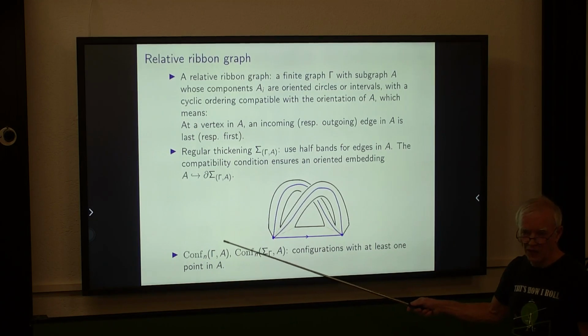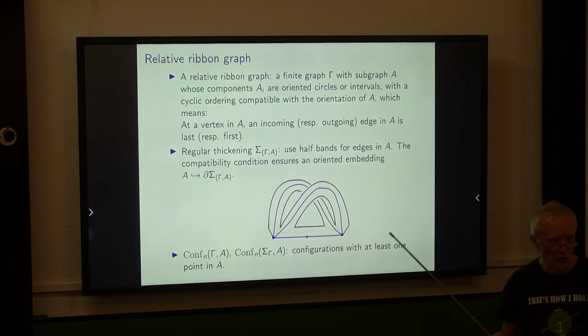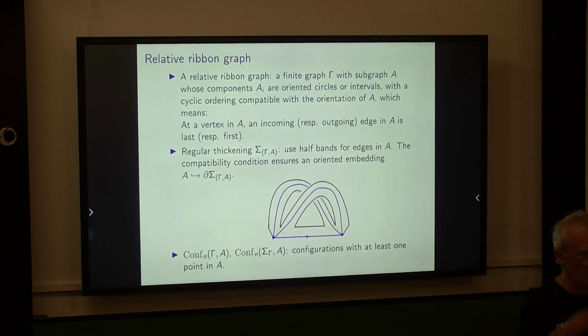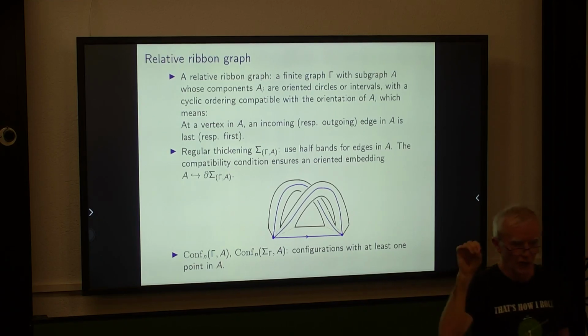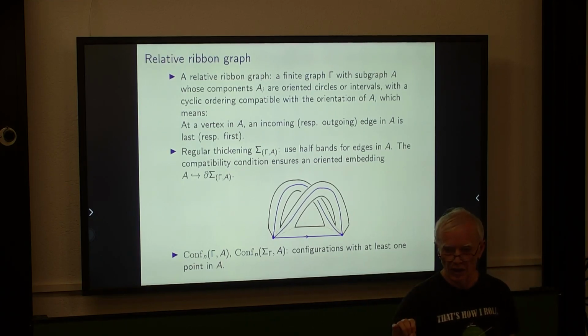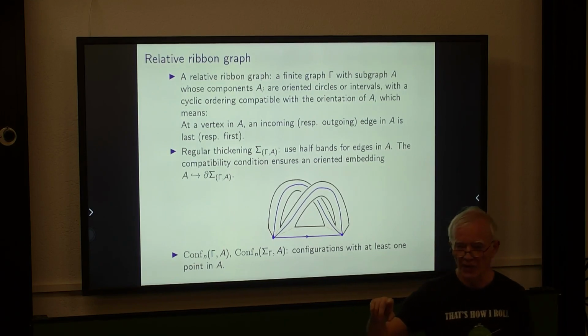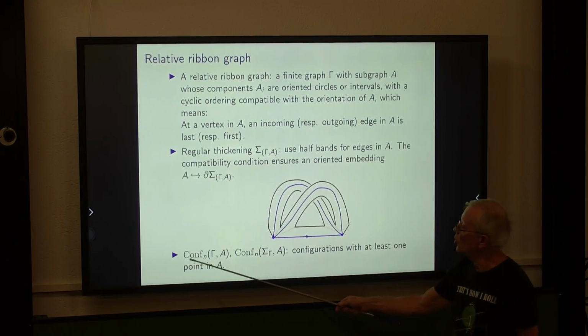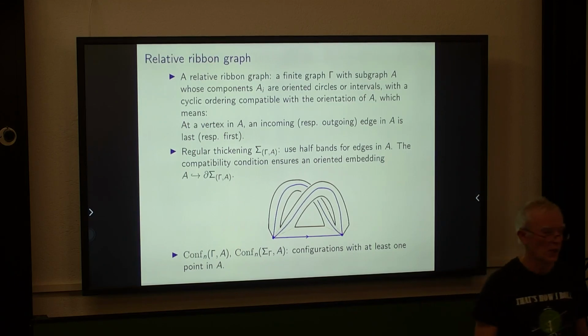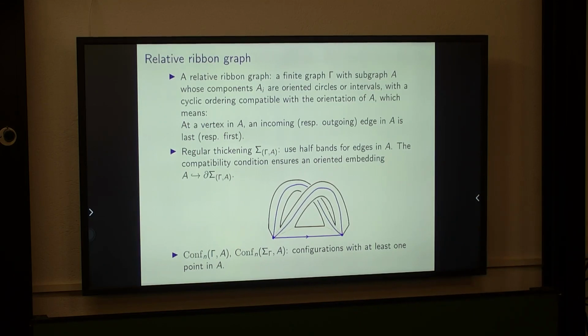So this is part of the boundary of the configuration. You should think that the configuration is an open manifold. You have points at infinity. You have a boundary part when the configuration meets the boundary. And in this boundary part, you have a special subspace, which is denoted with a pair.